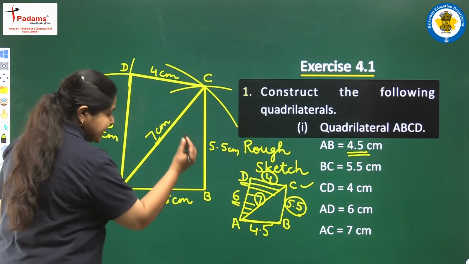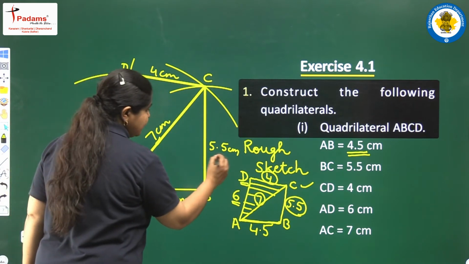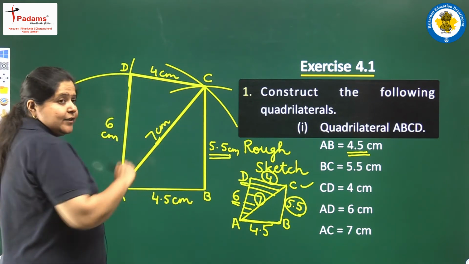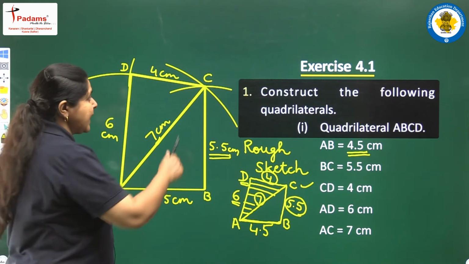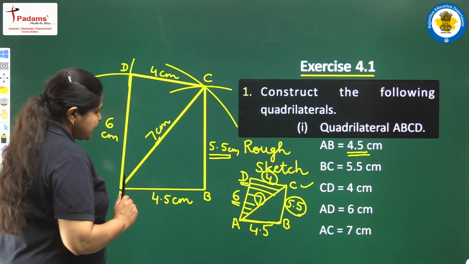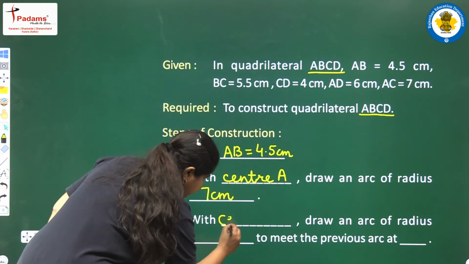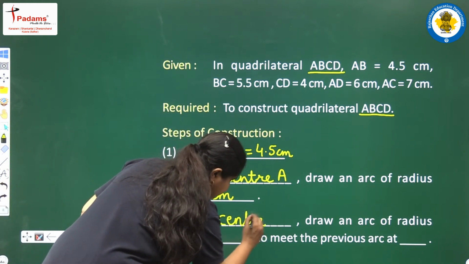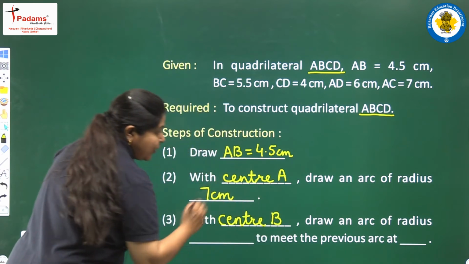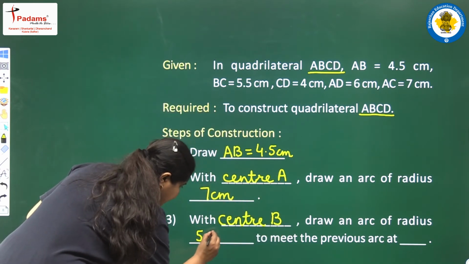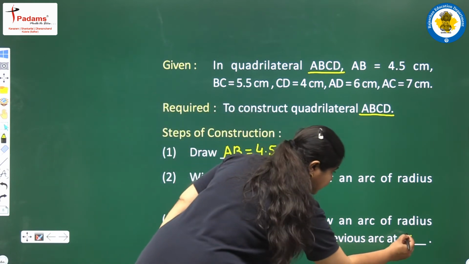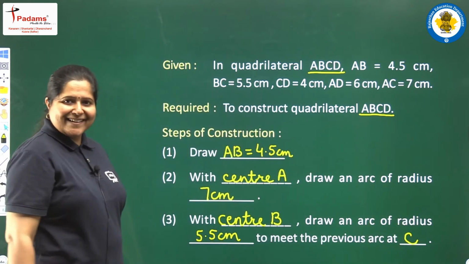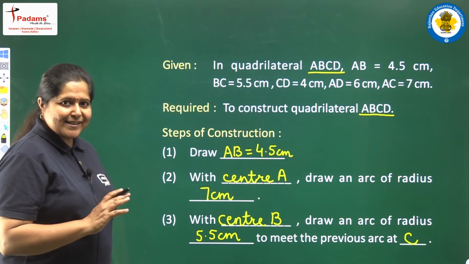Next then, with center B and radius 5.5 centimeter, draw another arc which cuts or meets the previous arc at point C. So, with center B, draw an arc of radius 5.5 centimeters to meet the previous arc at point C. Are you getting it? Isn't it interesting?